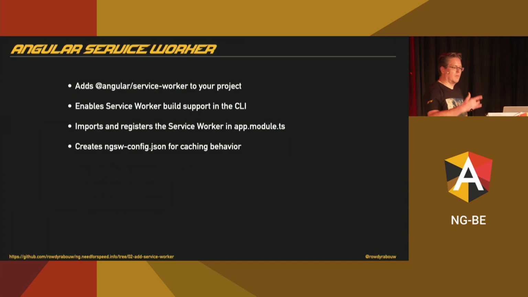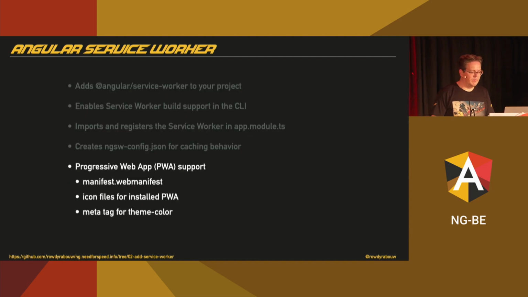As mentioned, it adds that package to your project. It also makes sure that the CLI knows how to build your app as a PWA using the service workers. And as I said, it imports and registers the service worker already for you. You don't have to do anything for that. And the config file does some extra things for PWA support.